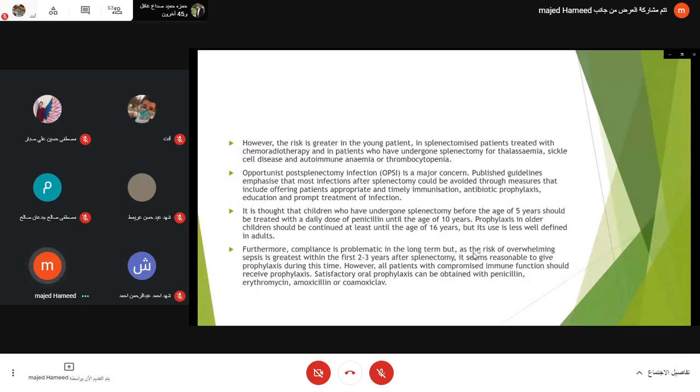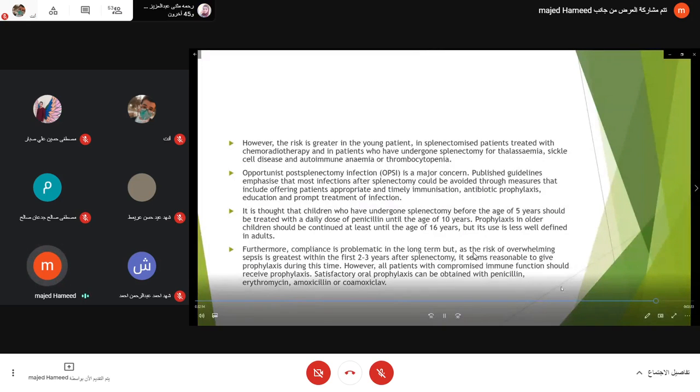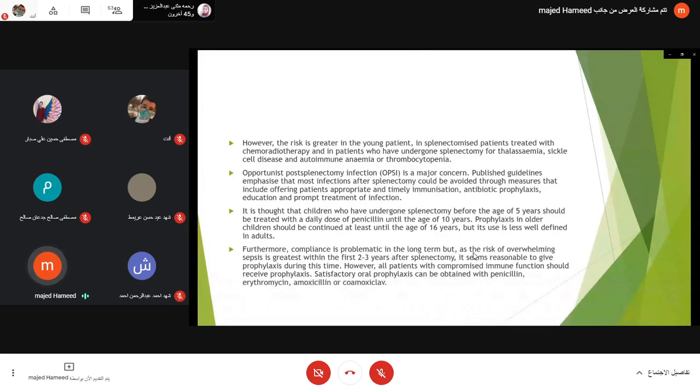Furthermore, compliance is problematic in the long term, but the risk of sepsis is greatest within the first 2 or 3 years after splenectomy. It seems reasonable to give prophylaxis during this time. However, all patients with compromised immune function should receive prophylaxis.